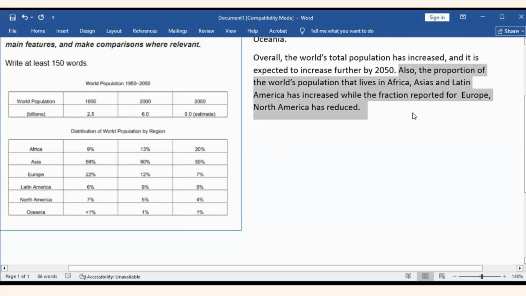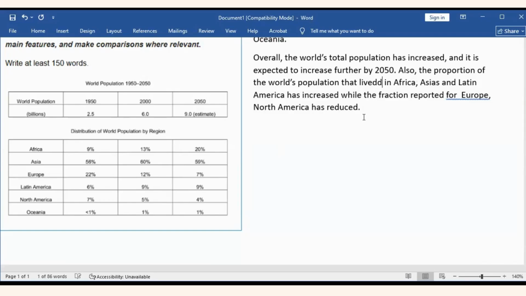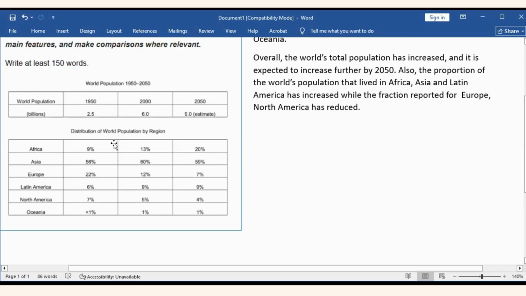Also, the proportion of the world's population that lives in Africa. Let me use past tense since I'm talking from 1950 to 2000. That lived. Africa increased, Asia increased, Europe reduced, Latin America increased, North America reduced.